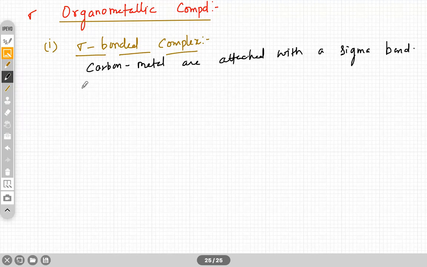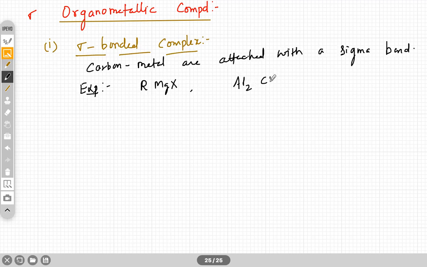The examples we have: RMgX Grignard reagent. We can have Al2(CH3)6. This is also a sigma bonded complex, right? Electron deficient Al(CH3)3 dimerizes. This is the example we have.